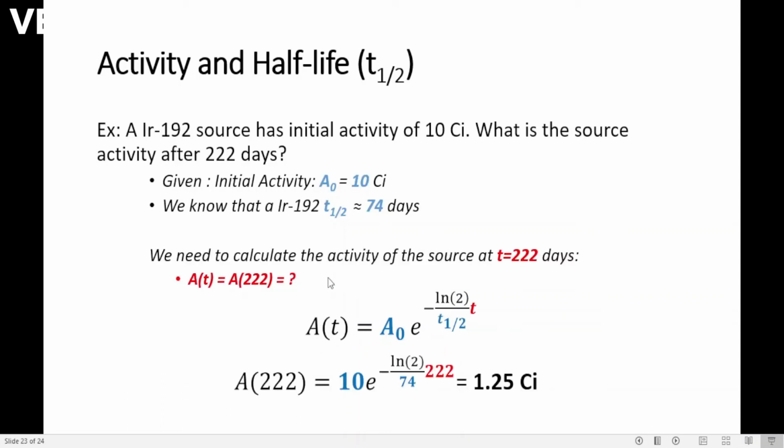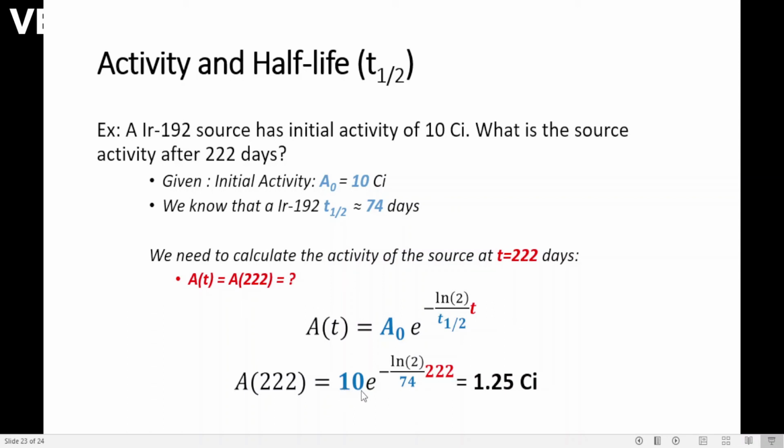And what do we need to calculate? We need to know what the source activity is after 222 days. So t equals 222. Let's calculate the activity at that time t. We plug all the values we have into the equation: initial activity, half-life, time t.